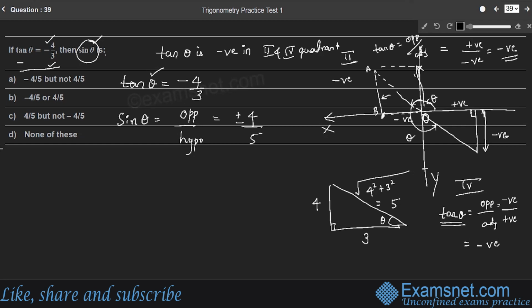Therefore, it becomes plus 4 by 5. And sine theta is negative in the fourth quadrant, right? Because the opposite side is negative, therefore it is minus 4. Therefore, if tan theta is minus 4 by 3, sine theta is minus 4 by 5 or plus 4 by 5. So, sine theta is plus 4 by 5 in the second quadrant. It is minus 4 by 5 in the fourth quadrant. Right? Therefore, option B is the right answer: minus 4 by 5 or plus 4 by 5.